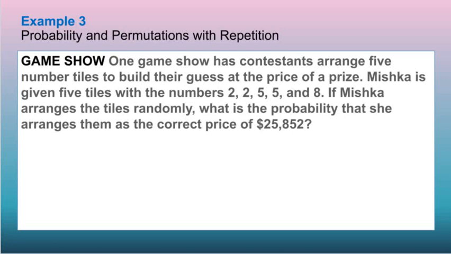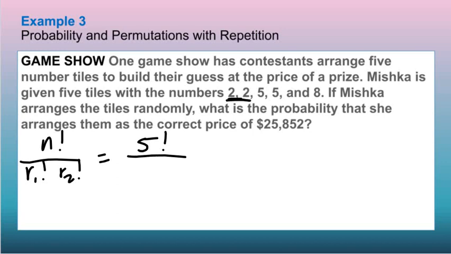So this one has repetition. Again, I use the formula n factorial divided by r1 factorial, r2 factorial. The r1 and r2 just mean the numbers that are repeating. So n factorial means we have 5 tiles, so that's 5 factorial. I have 2 2's that are repeating, and I have 2 5's that are repeating.